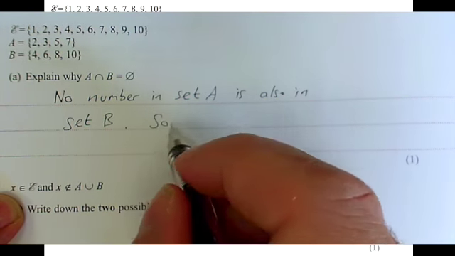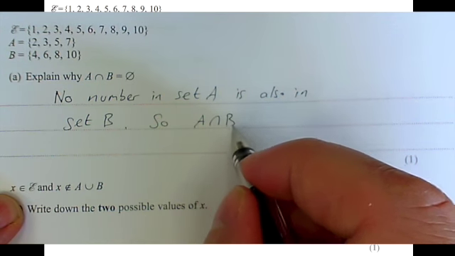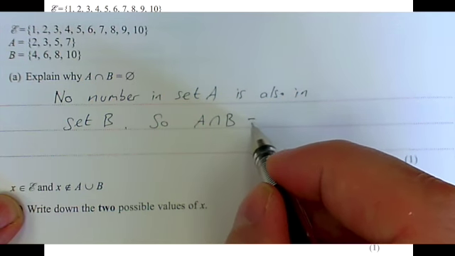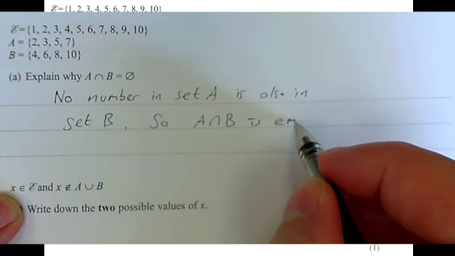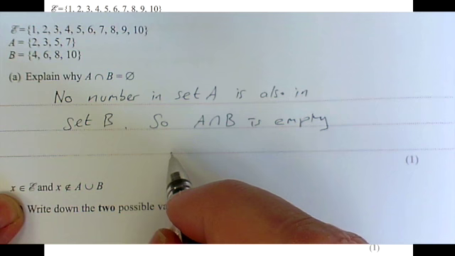Okay, so when we look at part B, it's saying look at the numbers that are neither A nor B. They're saying there's two numbers.